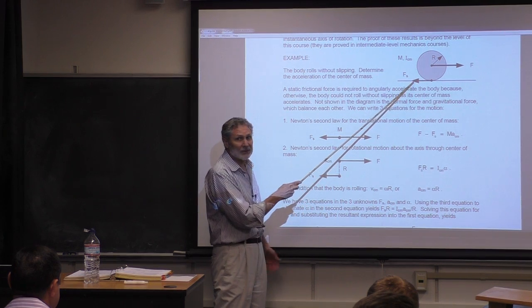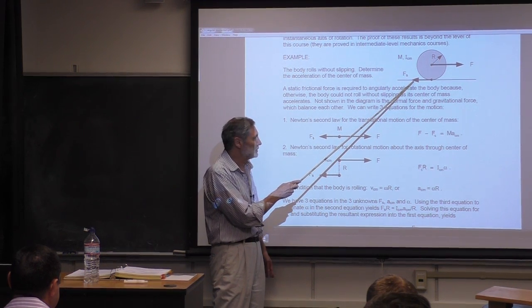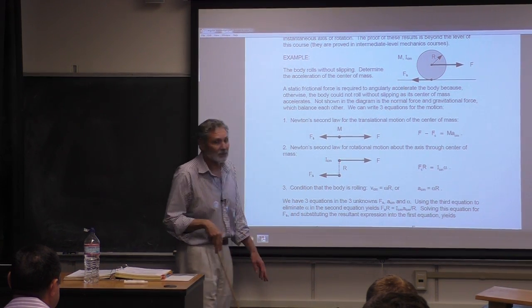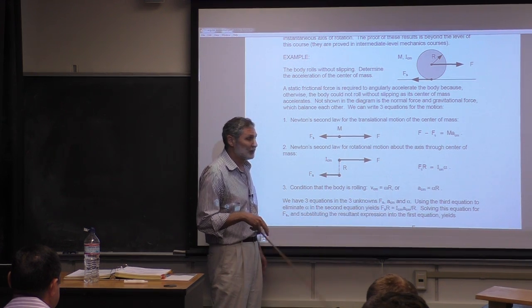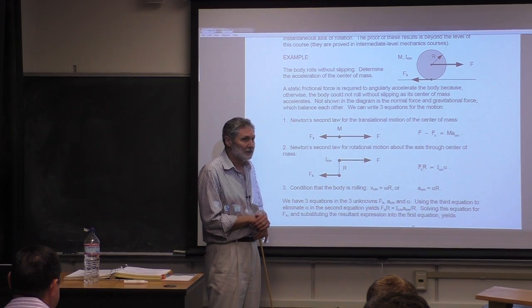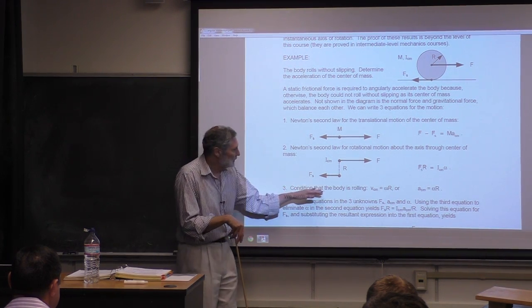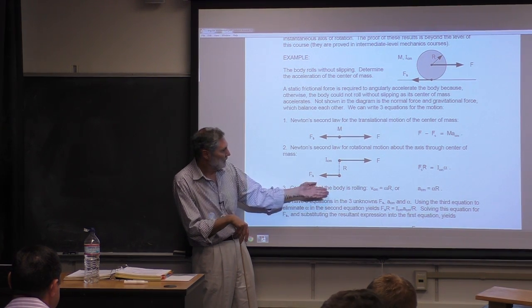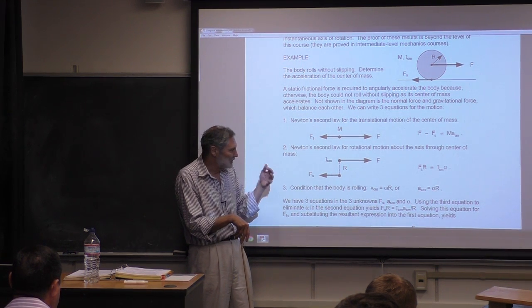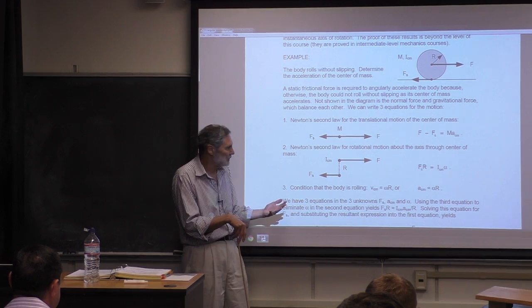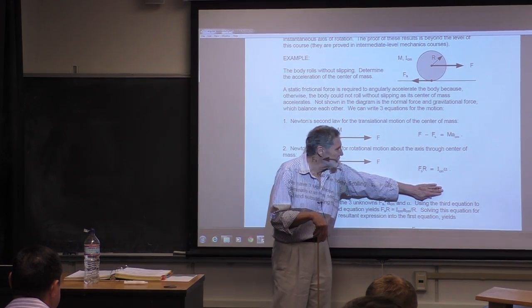We don't know the static frictional force. What else do we not know? We don't know the acceleration of the center of mass, and we don't know alpha. So we have 3 equations and 3 unknowns. It's looking good, right? And let me point out, if we did not specify that it was rolling, or if we didn't specify something about the slipping, if it was slipping, we would have 2 equations and 3 unknowns.